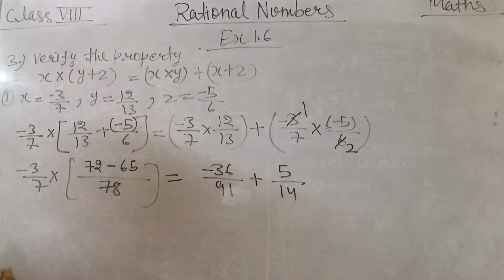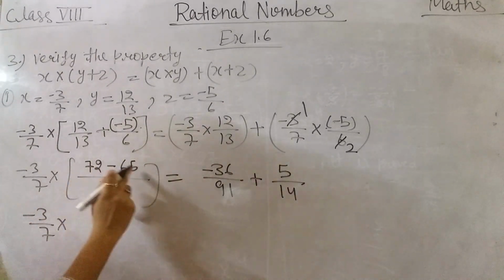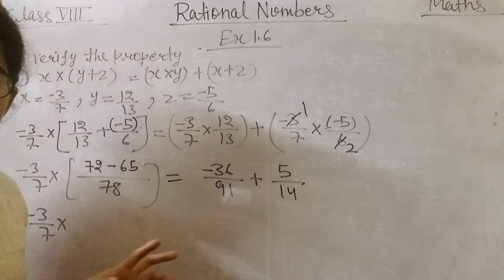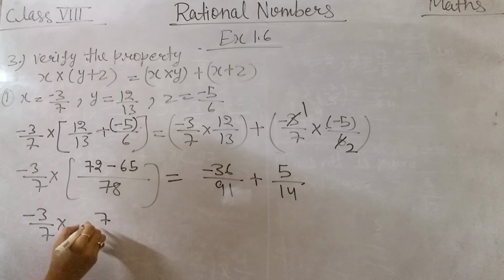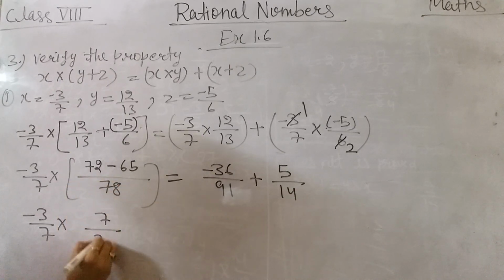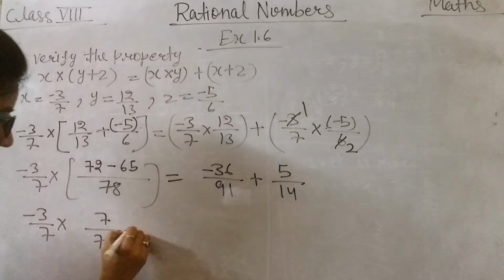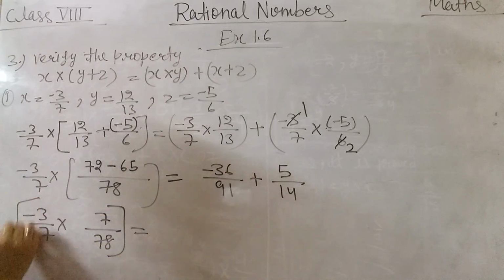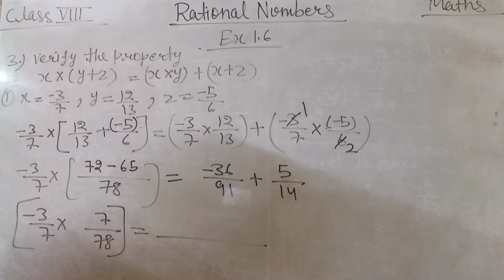Now 3 upon 7 into 72 and 65 would be subtracted together, that would be 7 upon 78, equals to, we'll take the LCM of 91 and 14.